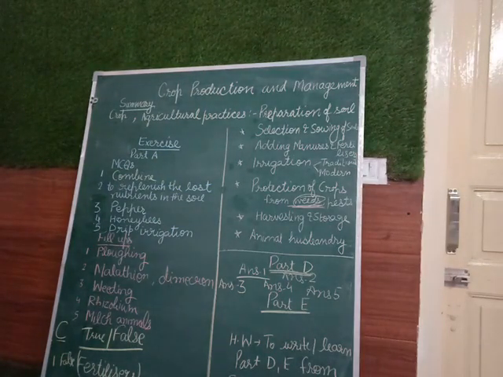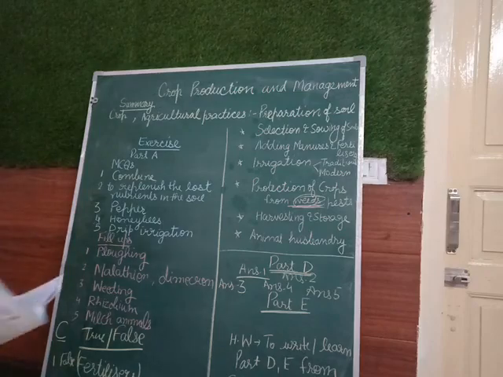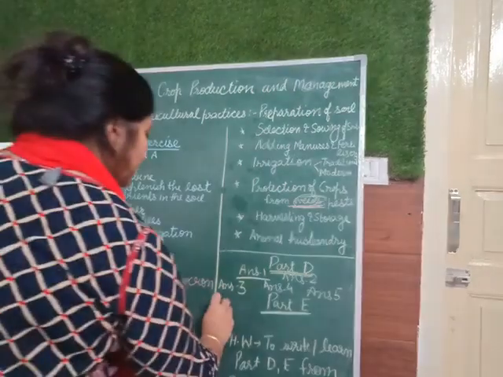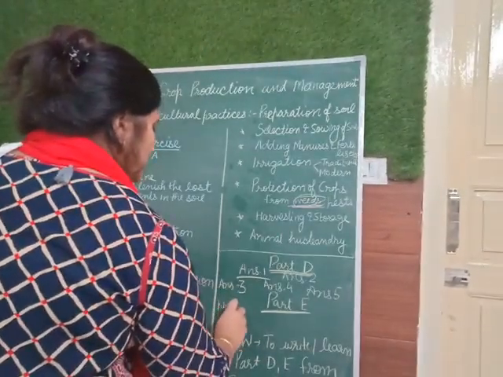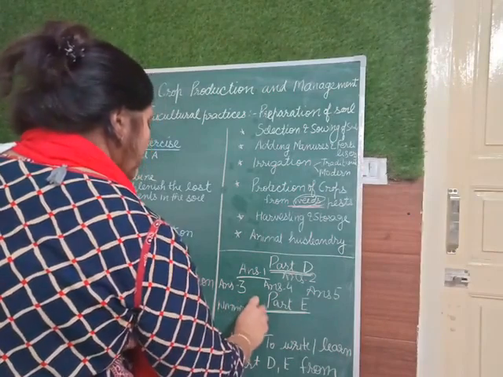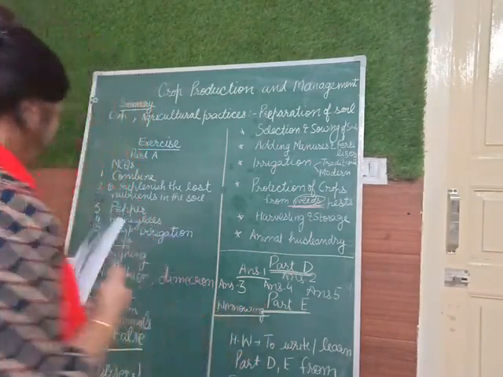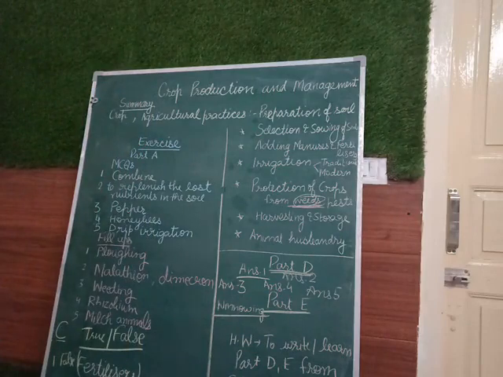Part E questions. First question, what is winnowing? The process of separation of lighter chaff from the grains with the help of wind is known as winnowing. Why is leveling done?